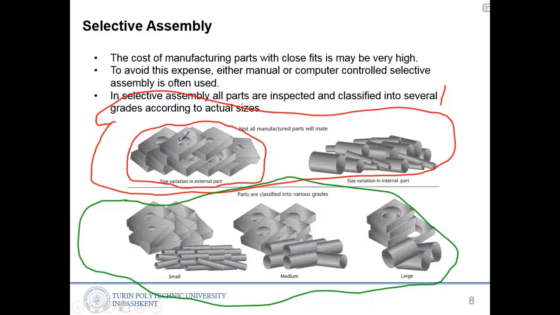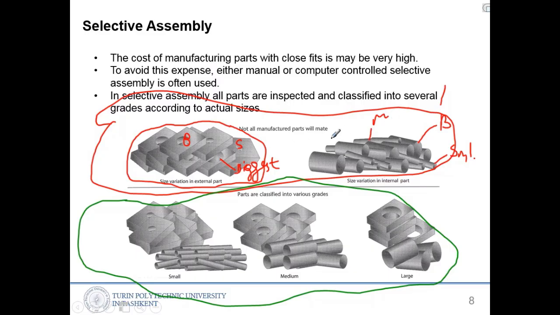And if you see, the holes are different: the smallest one, the biggest one, and a middle one also somewhere. And here is the shaft part.